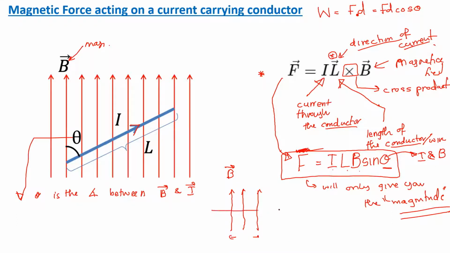And I also have this current carrying conductor from here to here. Let's say this whole length is L1 and the length inside the magnetic field is L2.